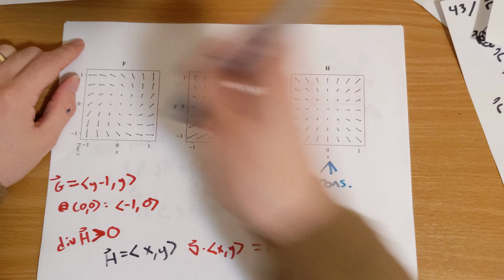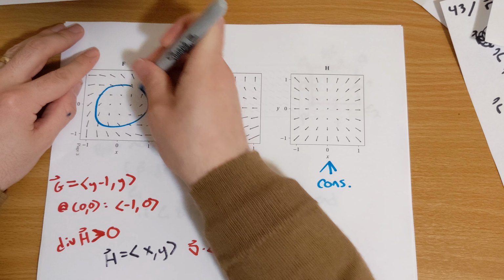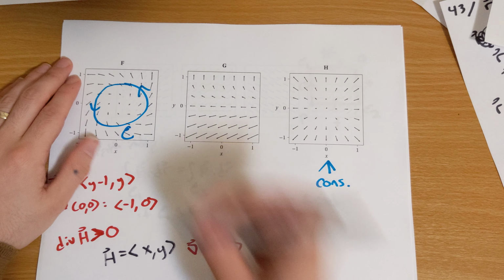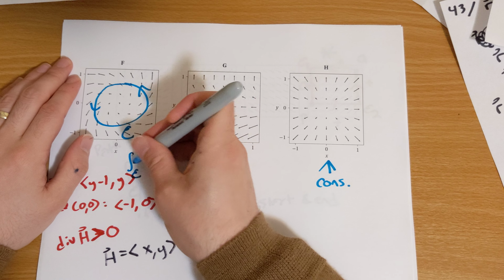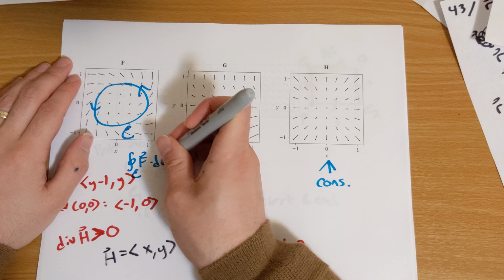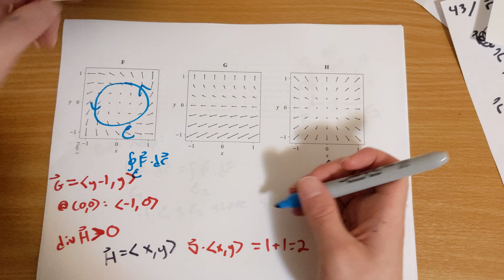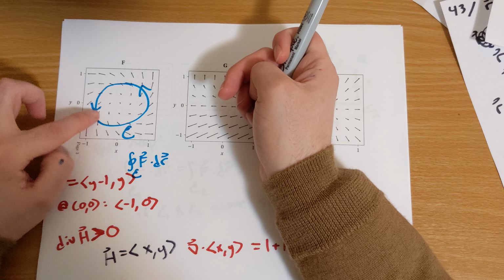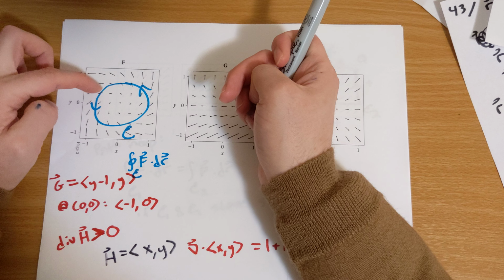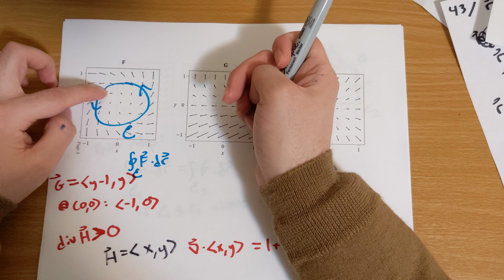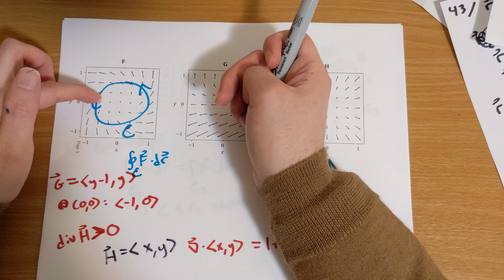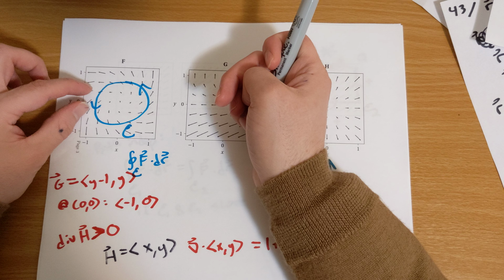So for F, let me just draw this circle right here. If this is curve C, the circulation of F dot dr around curve C is going to be very positive. At basically every point along my curve, the dot product between the direction vector of the curve and the vector field F is going to be positive.